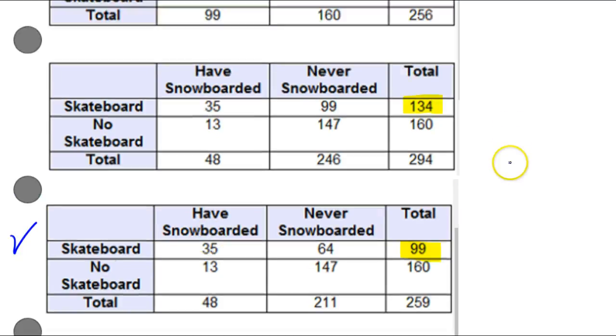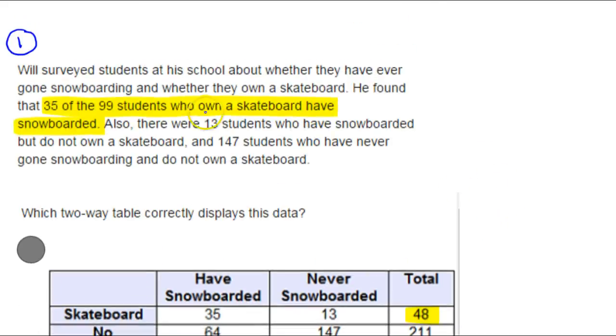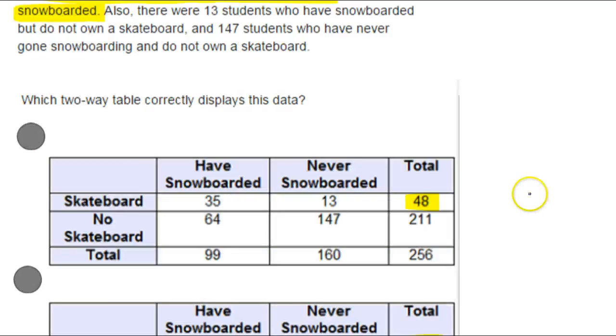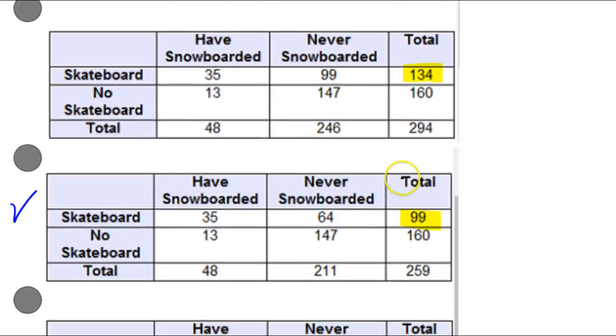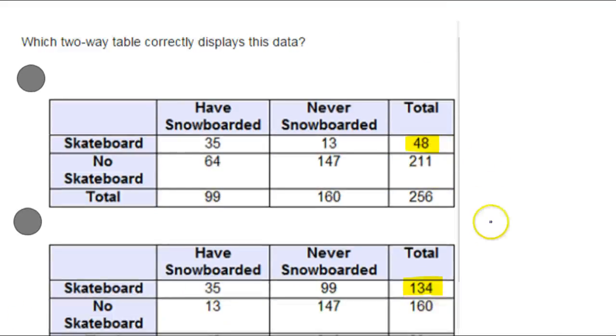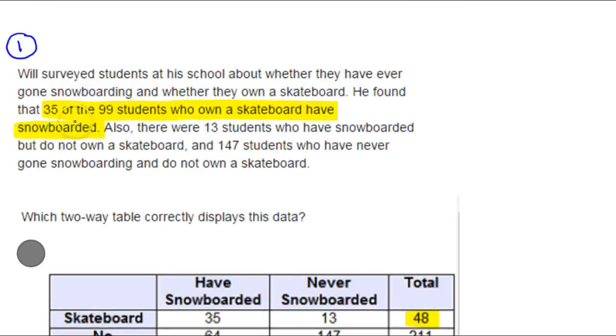Now let's check some other information. It said 35 of those 99 students snowboarded. So of the 99 students, 35 snowboarded. That matches. Also, let me switch to green.